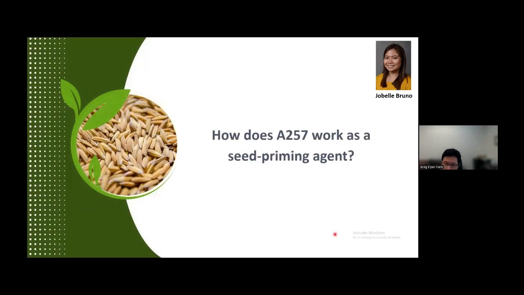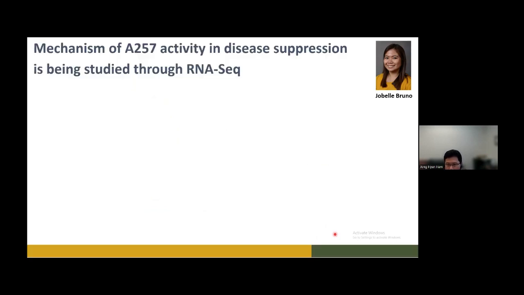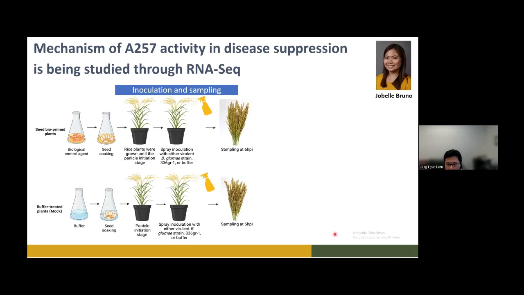So currently we are working on the mechanism of the seed treatment effect of 8257 seed priming. To see that, initially we did RNA sequencing analysis, comparing seed without treatment, meaning just buffer treated, and the bacteria treated.